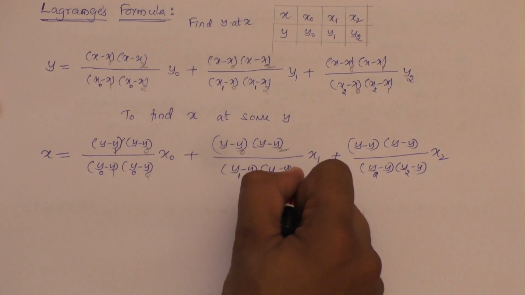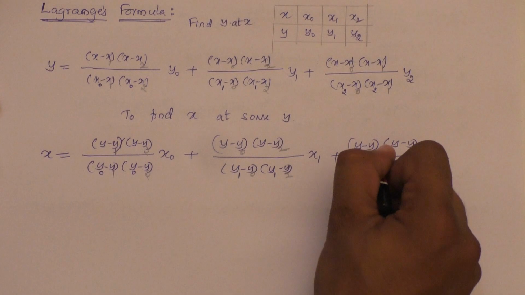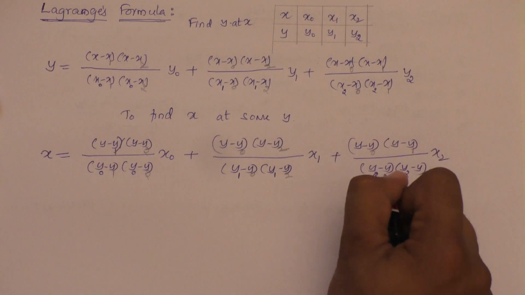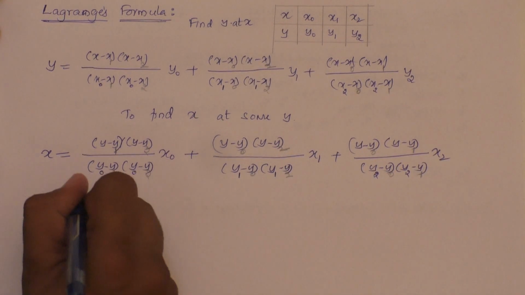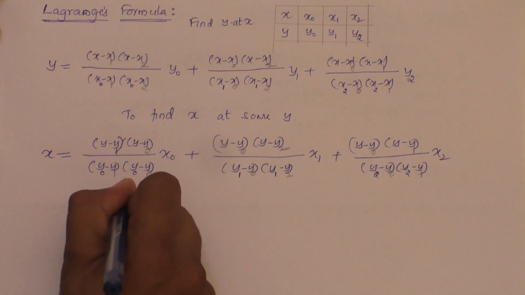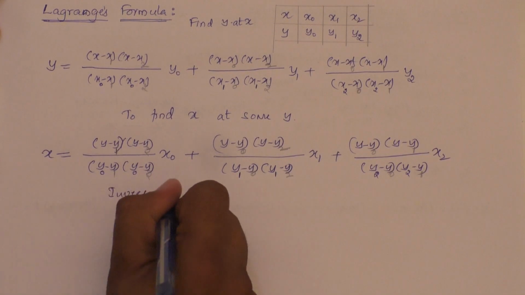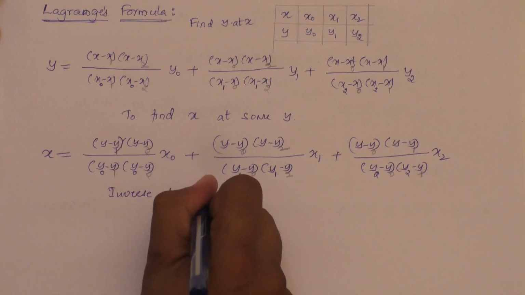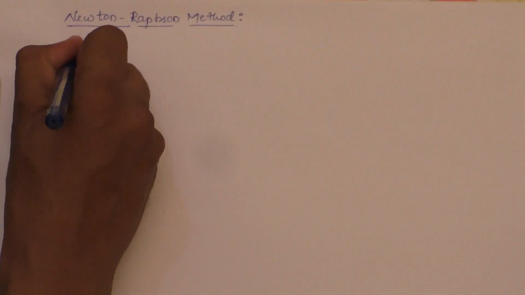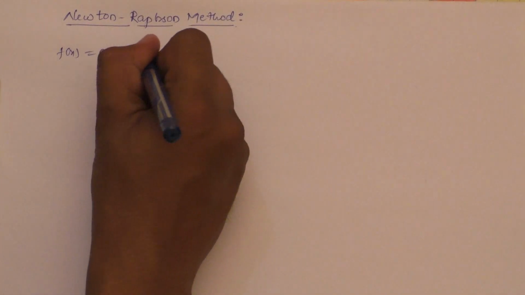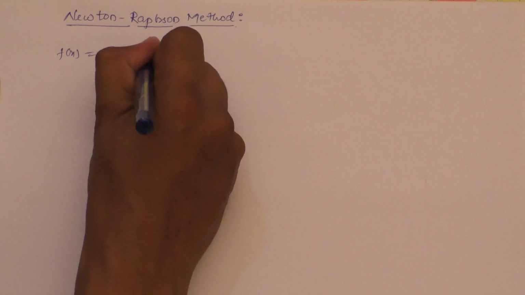Here 2 is there, so leave 2: 0 1, 0 1. This is how we can find x at some y. It is called the inverse Lagrange's interpolation formula.